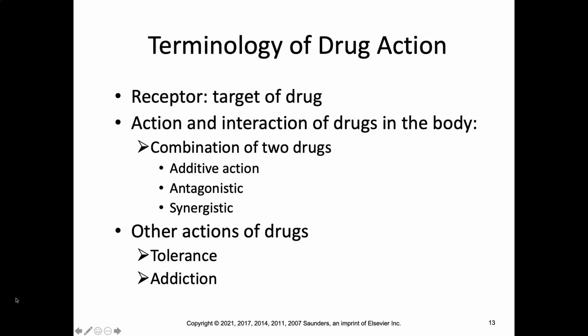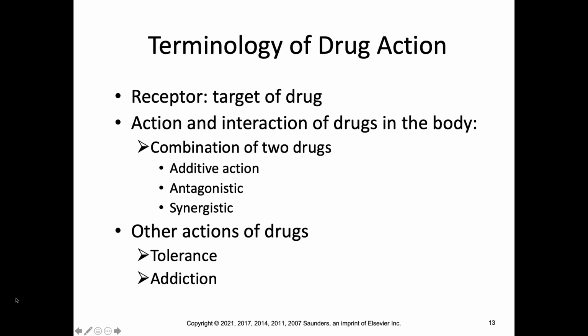It crosses the cell membrane usually to reach its intracellular receptor, or it can react with a receptor on the cell's surface. And so you need to know the term receptor. That's the target. That's where the drug is targeting to hook up, to act, to do what it's going to do.